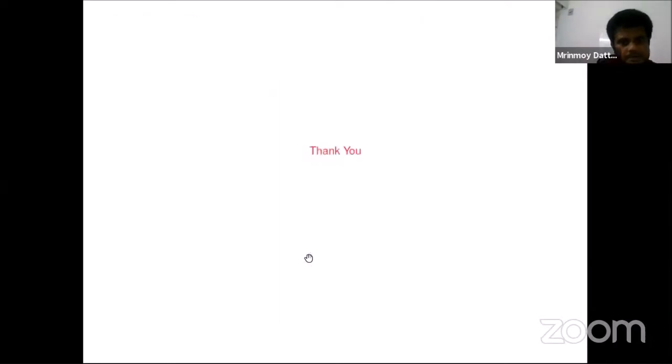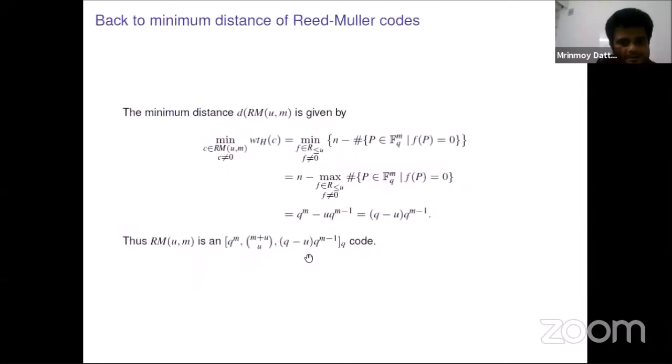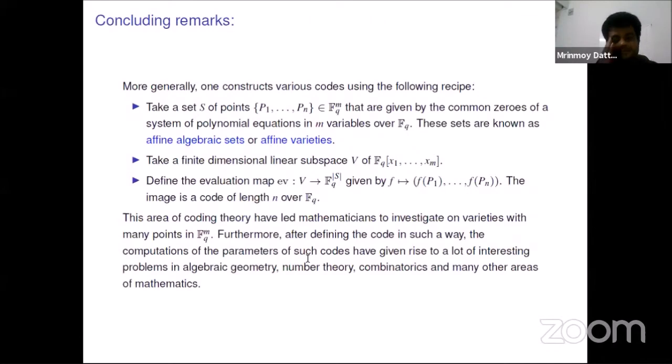So the last concluding remark is the following. There is a more general recipe of producing codes, the way we have seen Muller codes and Reed-Solomon codes are defined. Instead of taking the whole space, we take some special subset of Fq to the power m, which are called affine algebraic sets or simply affine varieties.